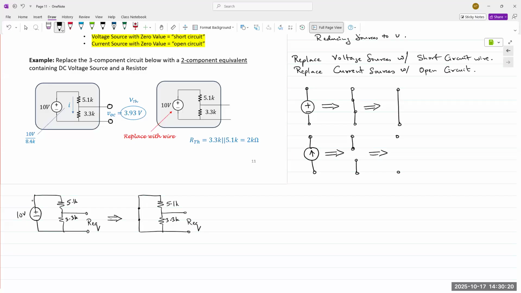Did you all finish Thevenin Norton this week in the lab? Okay. So now, what do we see?